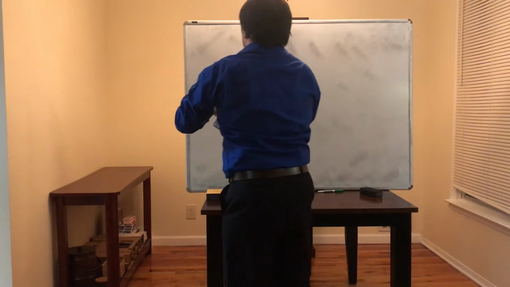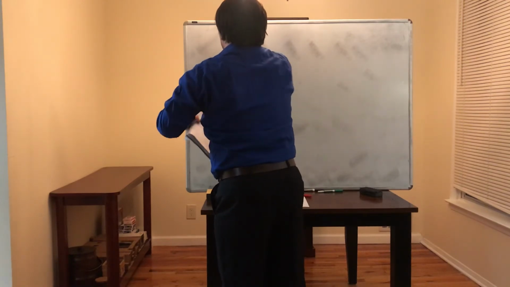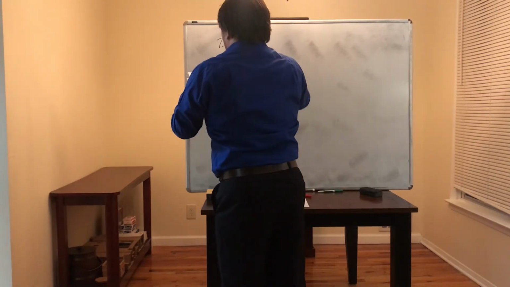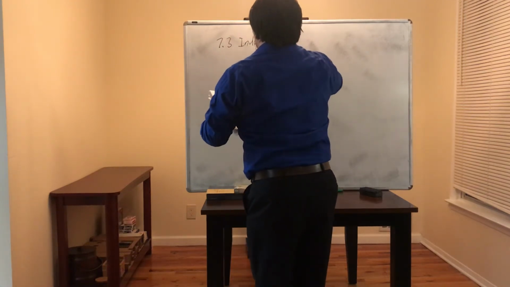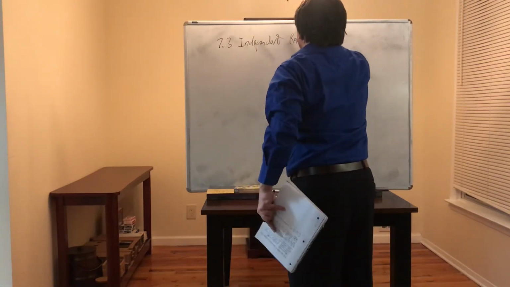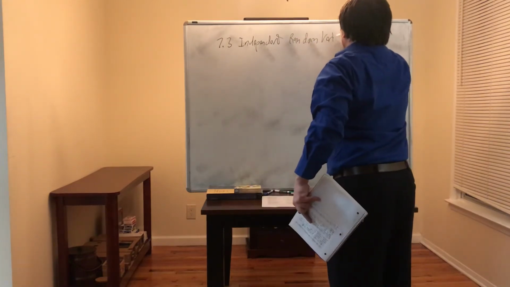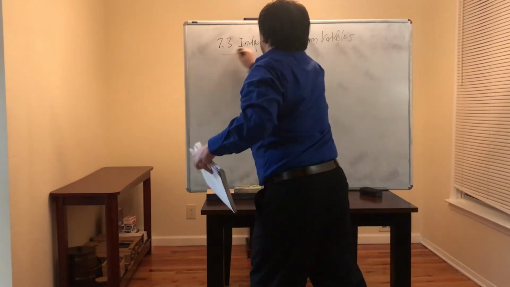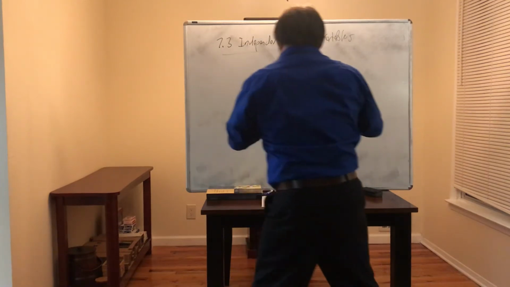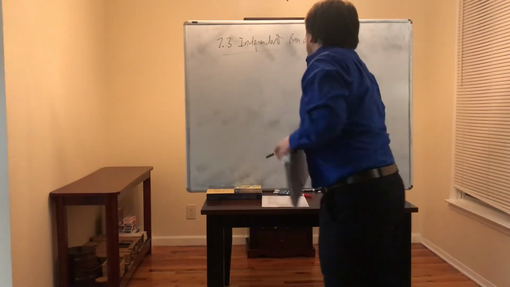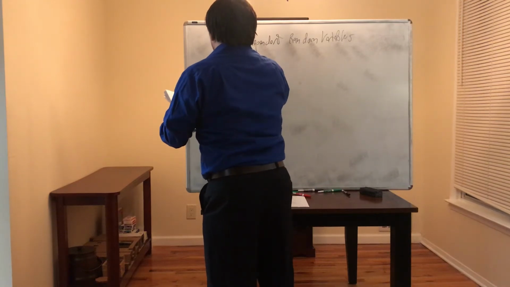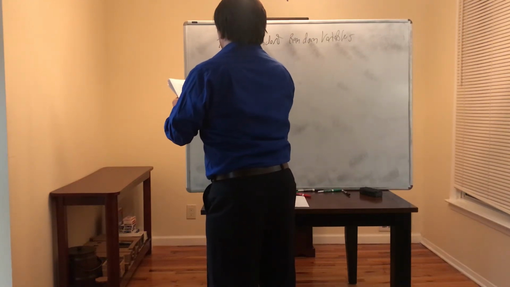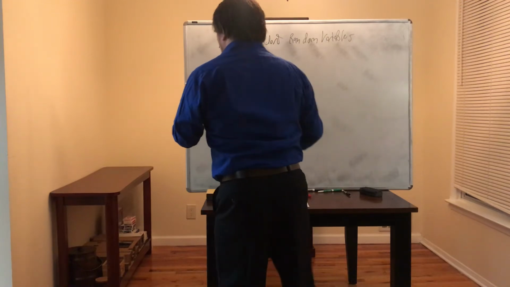7.3 is on independent random variables. Okay, let me check this one. And so first, in 7.3.1, we're going to have definition 7.8.